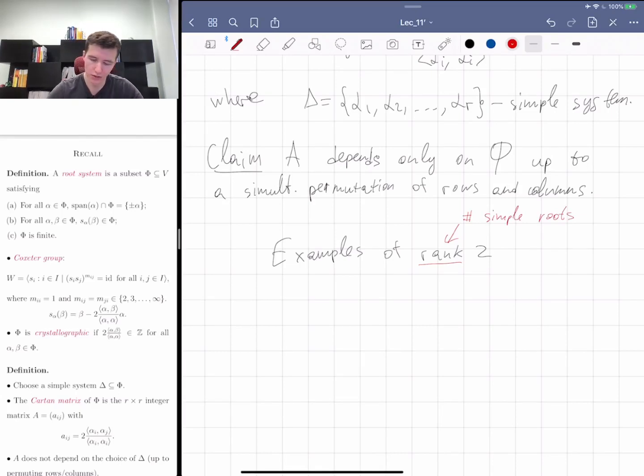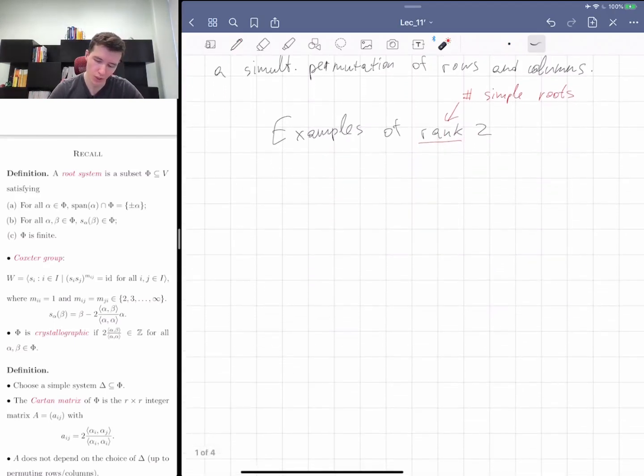So if the rank is 2, then my root system is going to live in the plane. The way to come up with these examples is usually to start with some regular 2n-gon. So let's say I start with a square, and I draw the origin and draw the roots to the vertices of the square.